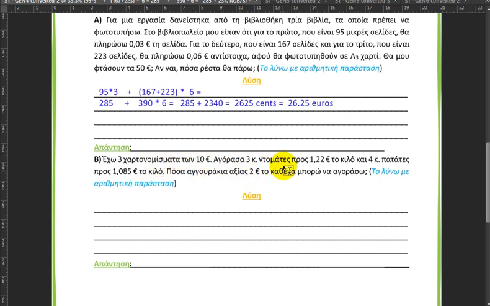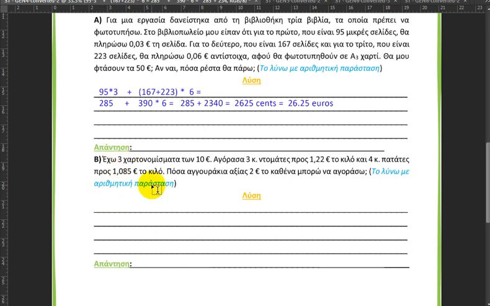We bought 3 kilograms of tomatoes for 1.22 euros per kilogram, and 4 kilograms of potatoes for 1.085 euros per kilogram. And then we're being asked how many cucumbers of 2 euros, not per kilogram, just cucumbers, can we buy?